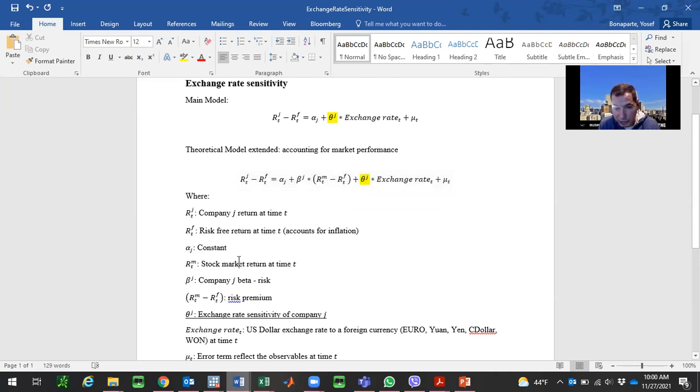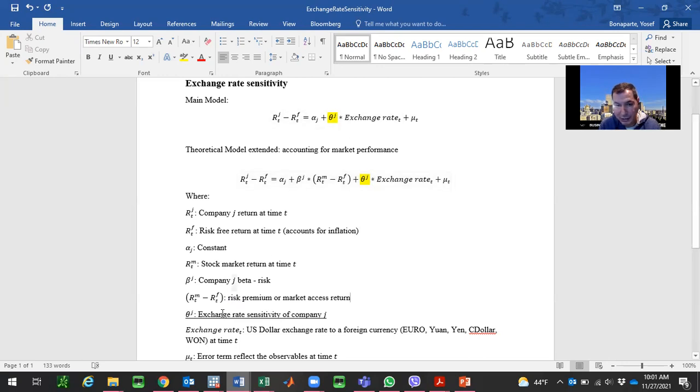RM is a market return, in this case could be the S&P. RF is risk-free. RM minus RF, we call it the risk premium or market excess return. Okay, and then plus theta_j.